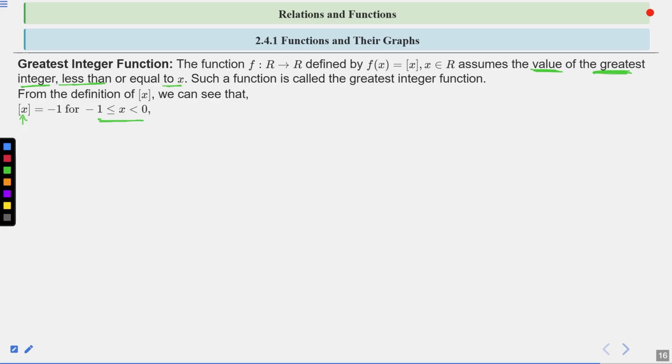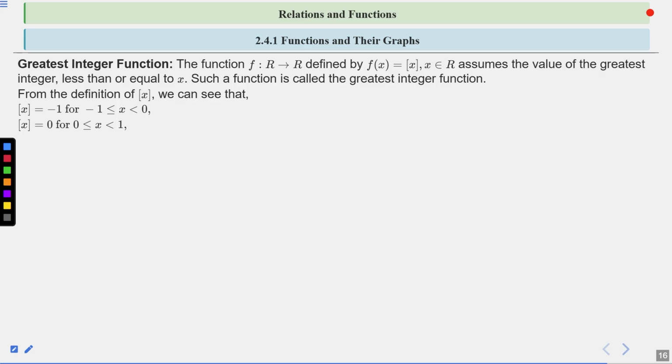So if your input is -0.5, first of all list all the integers which are less than or equal to x. Clear? And then among them you have to find the greatest integer. So the greatest integer will be what? Your -1 in that specific case. So you can do the same thing in this for any real number in this interval. Clear?